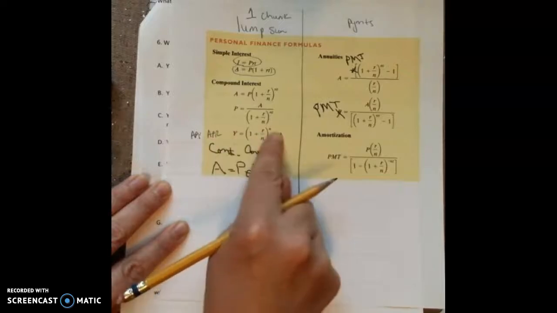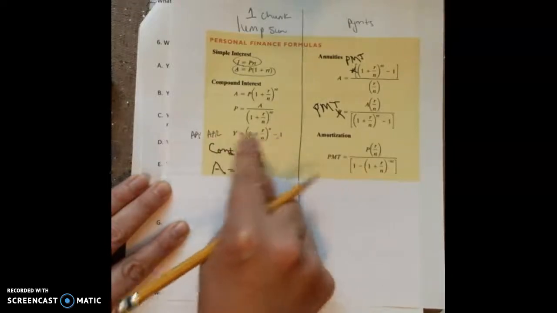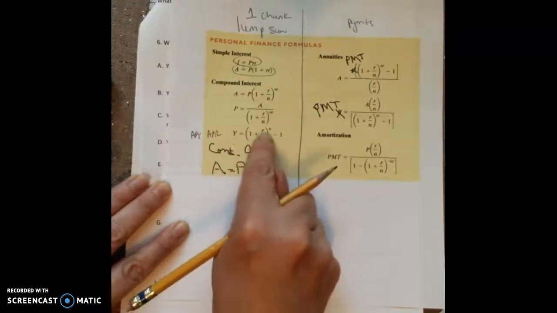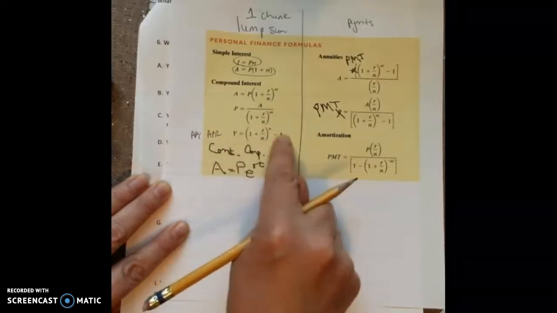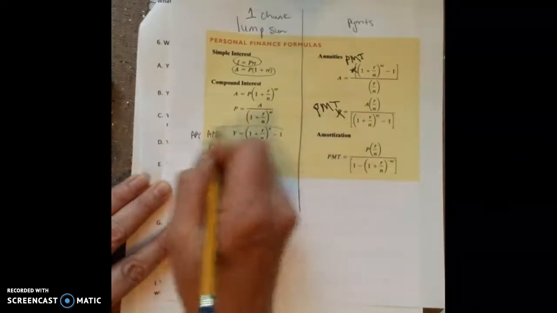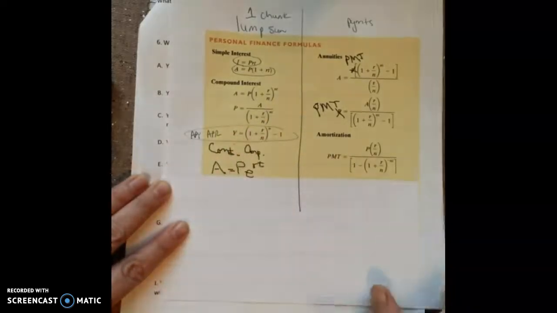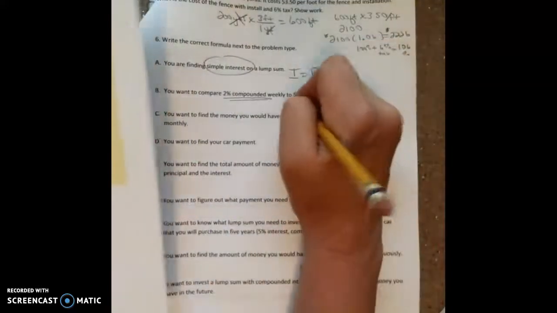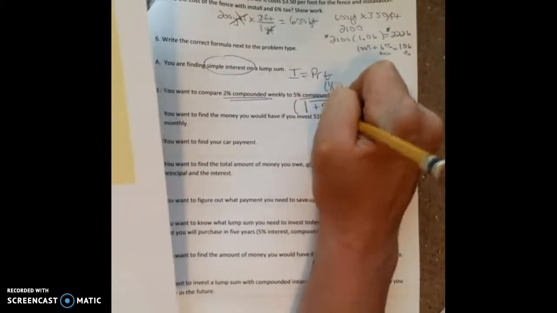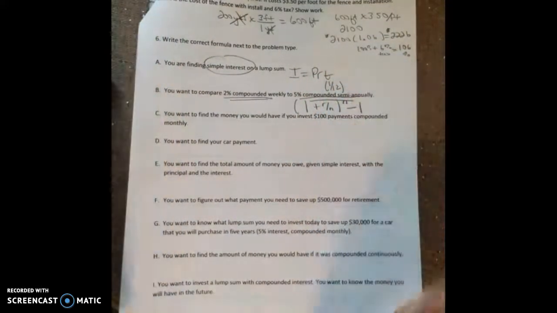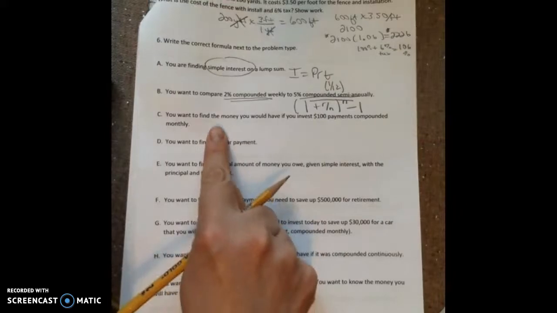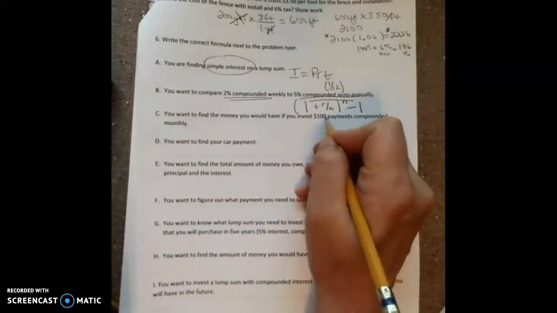Notice there's no money in this formula. There's no P and there's no A, money with interest. All you need to know is the rate and how it's compounding. So if you are comparing interest rates, you know it's that formula. That is a dead giveaway. It's 1 plus r over n, raised to the n, minus 1. There's no money involved.